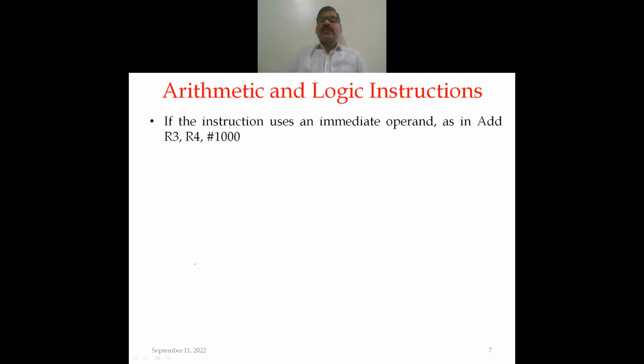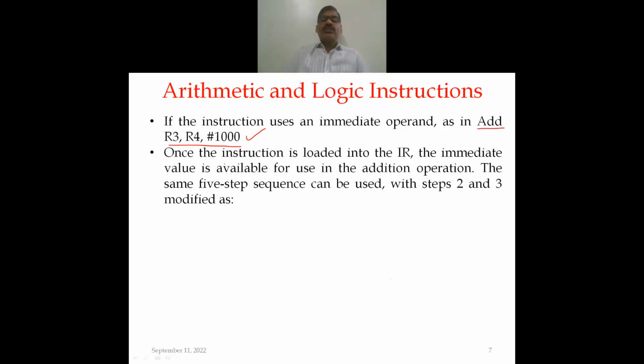Now suppose the instruction uses an immediate operand, for example add R4, R3, #1000. Here this is an immediate operand. If this arithmetic instruction uses an immediate operand along with register contents, how will it be executed?